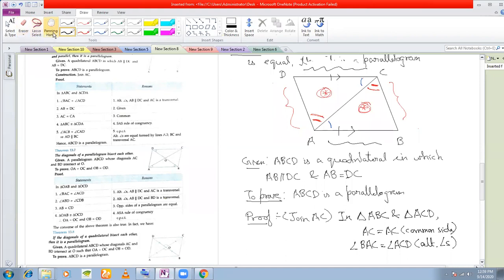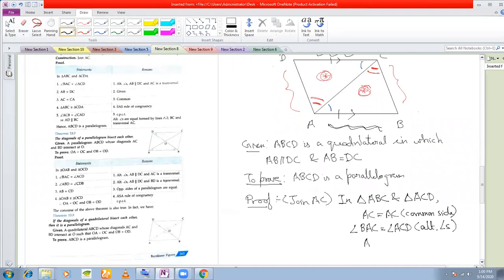And I can also say that these two sides are given to be equal. This side is equal to this side. So therefore, I can say AB is equal to DC. This is given. Therefore, these two triangles are congruent.